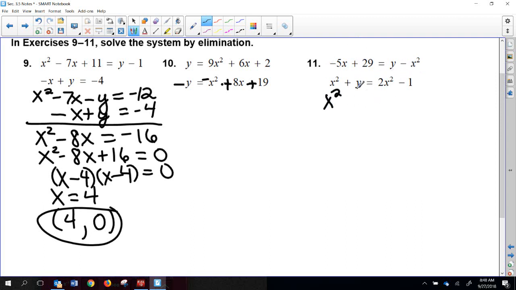My y is going to have to come over. It's going to become negative. Oops, I didn't even notice that these are both x squares. All right, so I'm going to have to do a little bit more work here in just a minute. So I took that over. This term, I'm just going to go ahead and take it over here. And then I have minus 29.